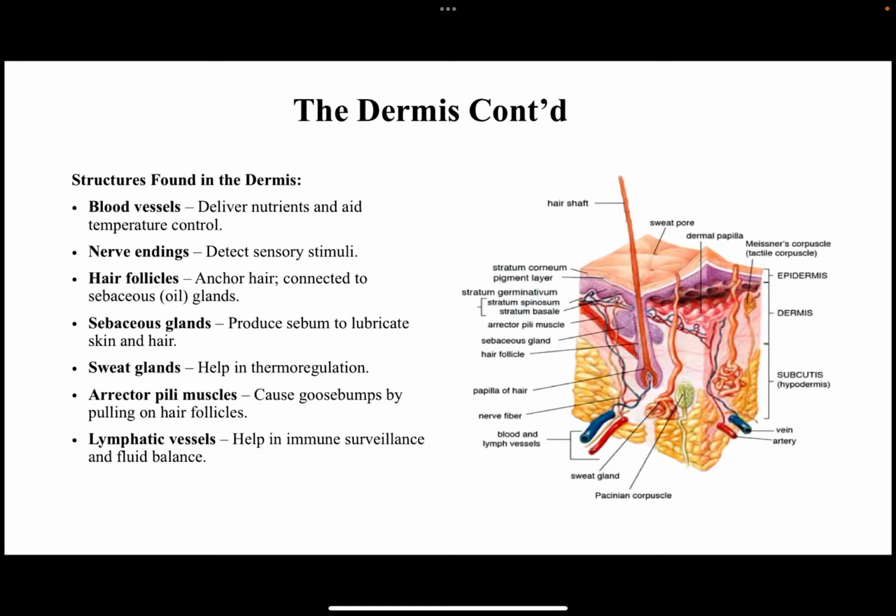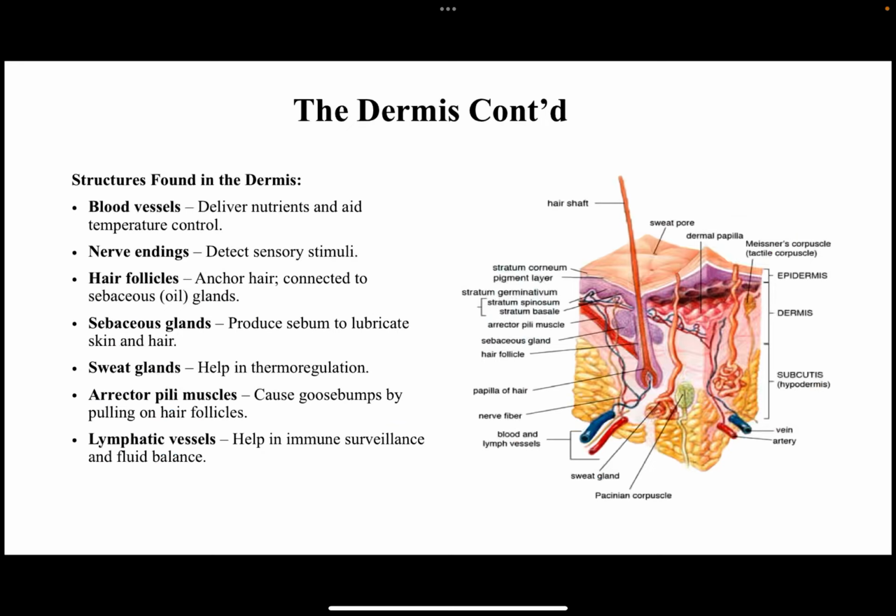Anytime the atmospheric temperature is very cold, these erector pili muscles contract. When they contract, they pull on the base of the hair follicle, and the hair shaft stands. That is what causes goosebumps. It's usually common when the atmospheric temperature is very cold.